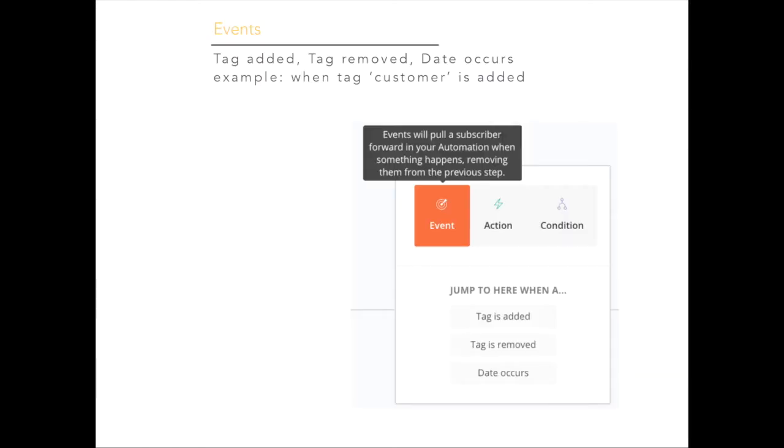You can initiate a course of action when a certain tag is added, or a certain tag is removed, or if a certain date has been reached. That last one with the date is really great for a live launch. So again, events are immediate and they pull the subscriber as soon as they meet the criteria that you have set.